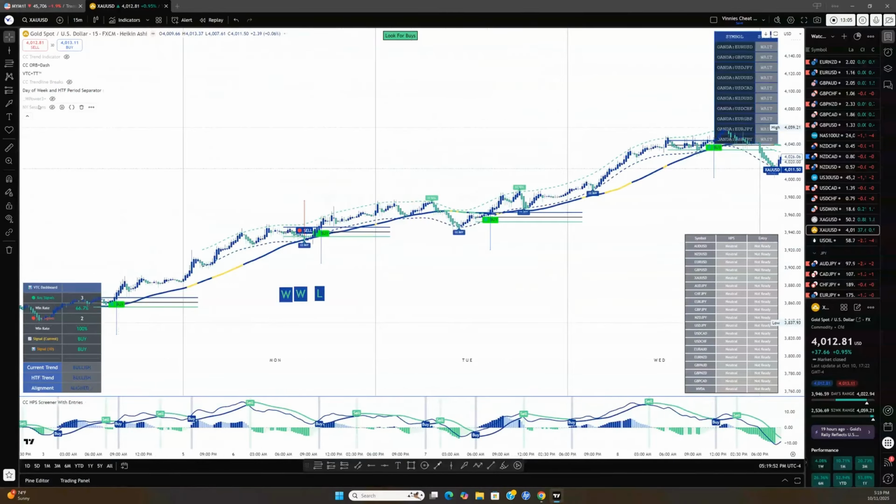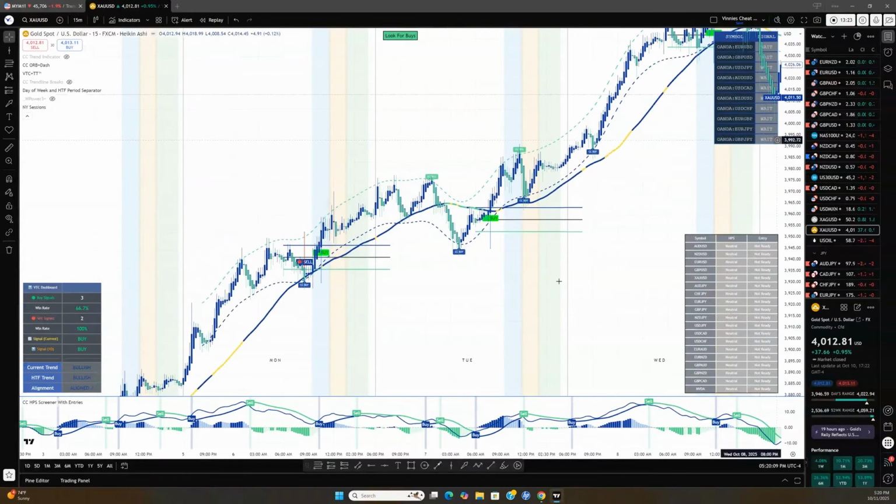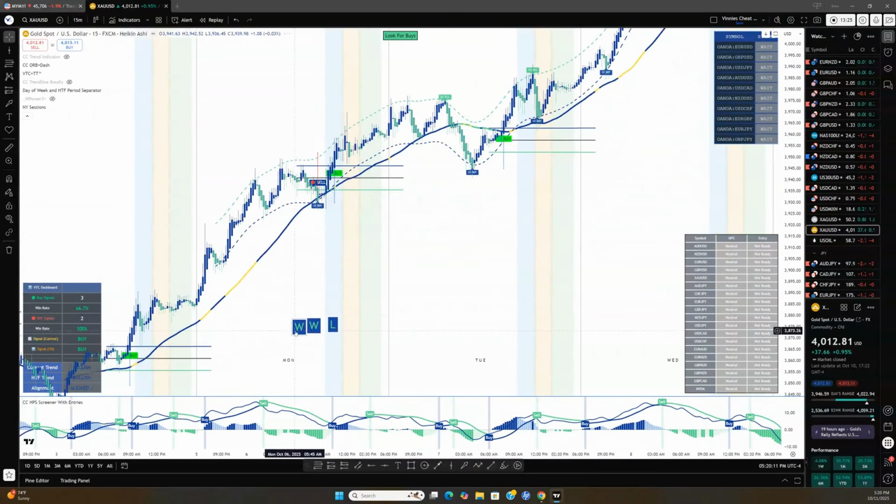And we're going to turn on the New York Sessions indicator. So blue means morning, orange is afternoon, green is late afternoon.